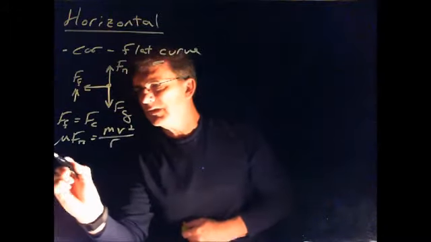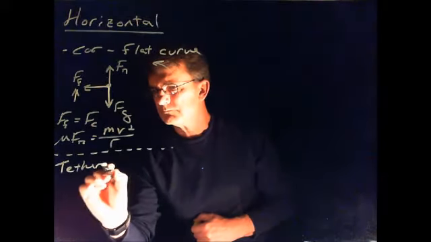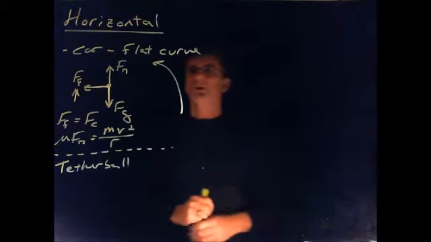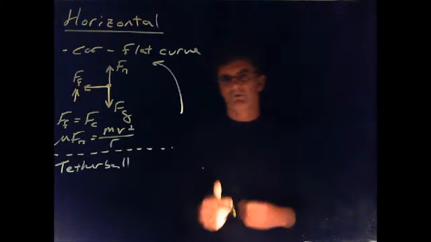A different example, still a horizontal example, is a tether ball. If you're not familiar with tether ball, it's what I used to play in elementary school. It's a pole with a ball attached to the pole with a string. You try to wrap the ball around the pole by hitting it one way, and the other player hits it in the other direction. Pretty straightforward.